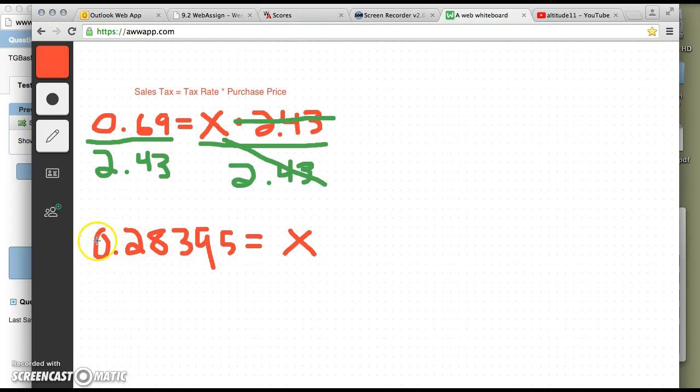All right, so the tax rate of 0.28395 is the same thing as a 28.395% tax rate.